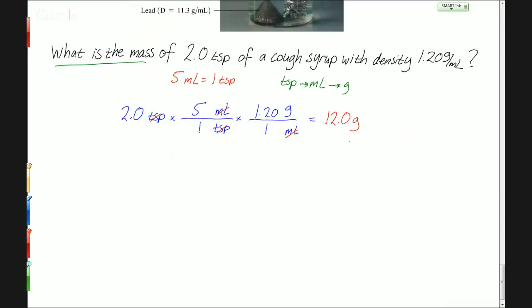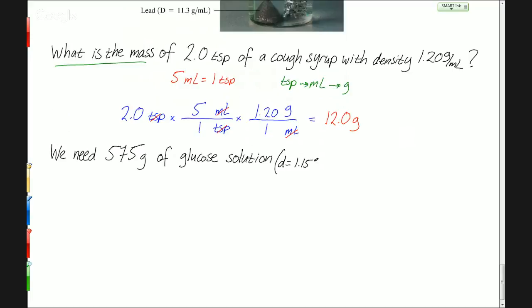Try one more. We need 575 grams of glucose solution.